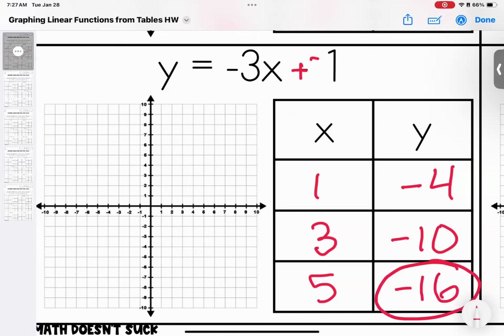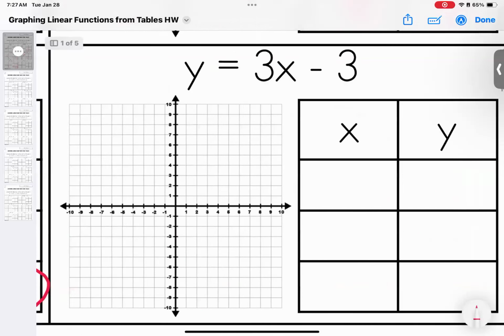Again, this one is not going to fit on the graph. It only goes out to 10. That is okay. Just do your best. All right, 1, -4, 3, -10, and then 5, -16. It's going to be even further down than that, but that's okay. Go ahead and graph it.